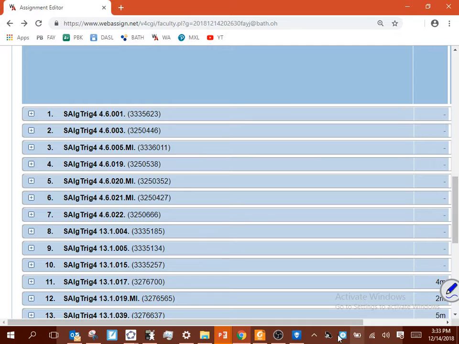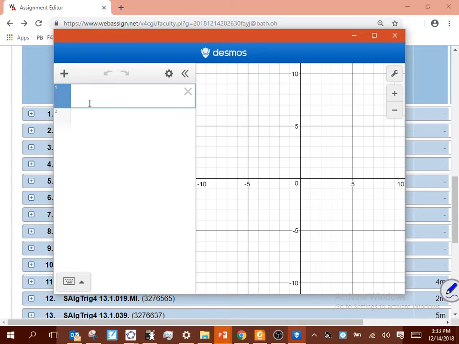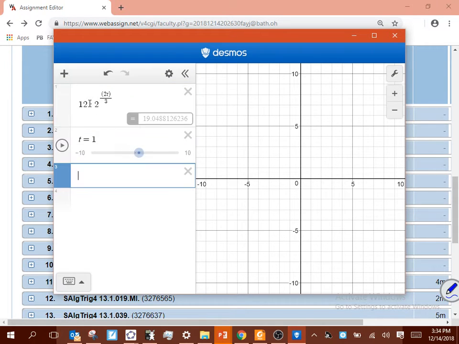When I opened Desmos, everything kind of disappeared, but I think I can go from memory here. We had 12 times 2 raised to the, I believe it was 2t divided by 3 as one of our equations.